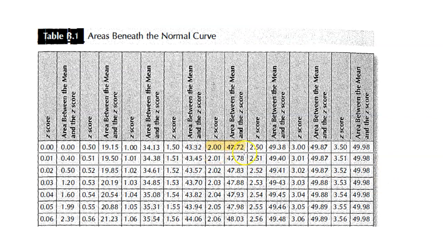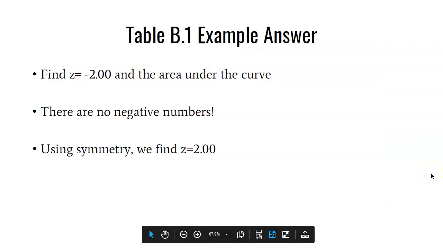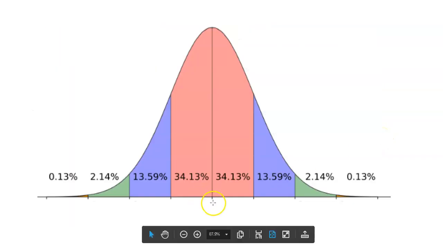And here you see, okay, the z-score is 2, and the area between the mean and the z-score is 47.72. That number should also be familiar. If you look back at our normal curve, the original question was about -2, but again, there's symmetry, and it'll be the same thing for 2.